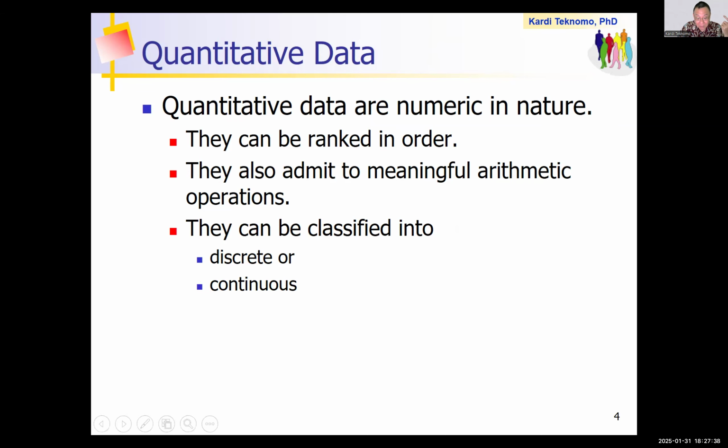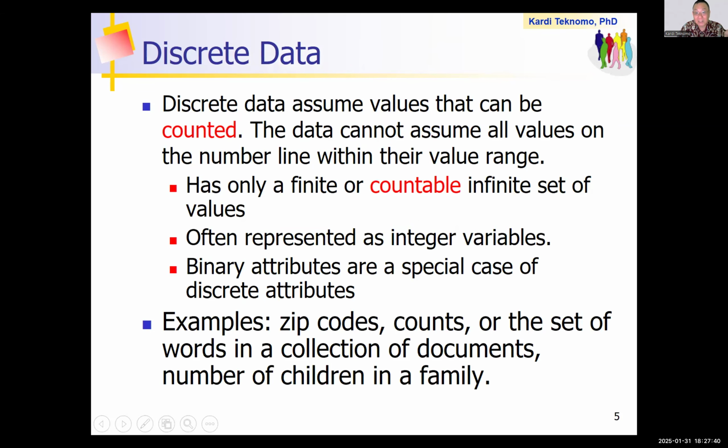Discrete data means they are integers, countable, so finite numbers or countably infinite. Usually we can represent this as integer variables or binary. For example, zip code, or you count frequency, the number of words in the documents, number of children in the family, and so on. So these are discrete in nature.